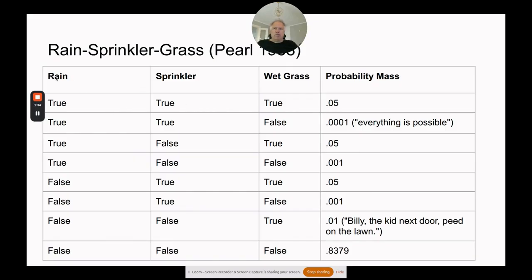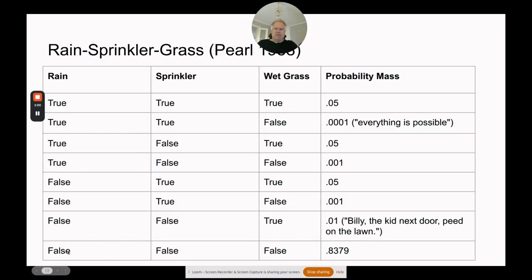What is the probability, how much mass is there, when it's raining, the sprinkler's on, and there's wet grass? Let's say that winds up being 0.05. So 5% of the time, all those 3 are turned on in this world that we're going to observe. So what's the most common thing?